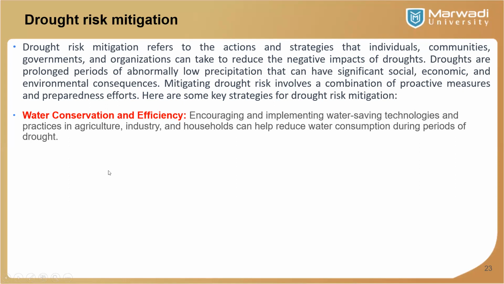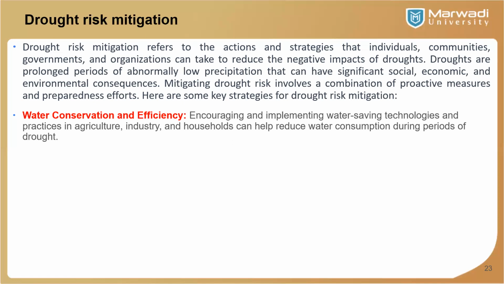By encouraging and implementing water-saving technologies and practices in agriculture, industries and households, we can help reduce water consumption during periods of drought. These are the three major sectors: industry, agriculture, and household.